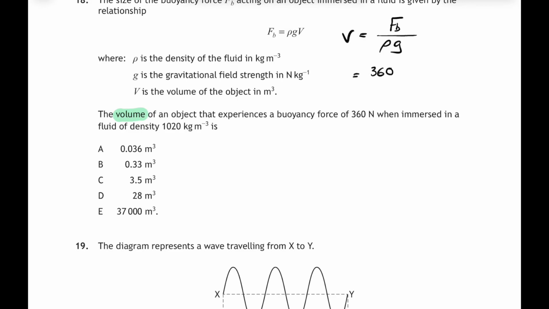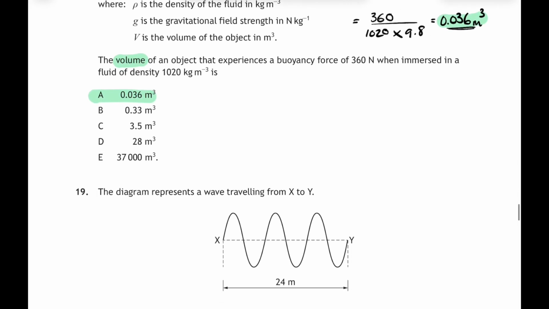The force was 360, the density is 1020, and G on Earth is 9.8. And if you do all that on your calculator, then you get an answer for the volume of 0.036 cubic meters. And that corresponds to answer A.